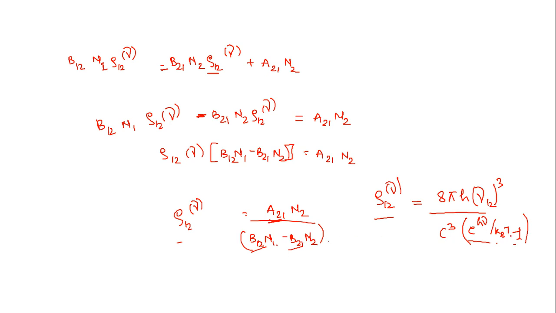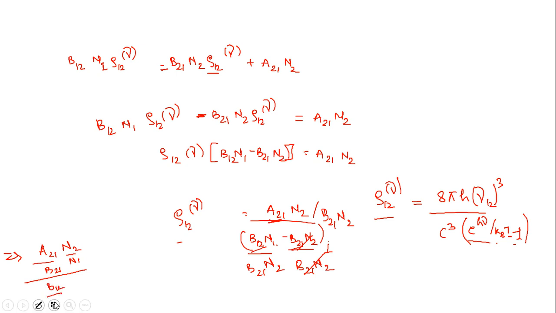Now we want some 1 in this case, so in order to make it 1, I'll just divide it whole by B21 N2 upon B21 N2, and here I'll also divide by B21 N2. Now this will become 1, and therefore I'll write it as A21 N2 by N1 whole upon B21.